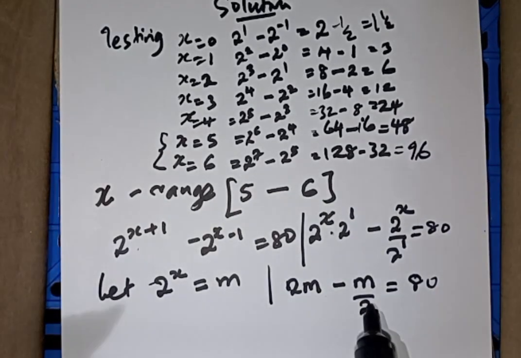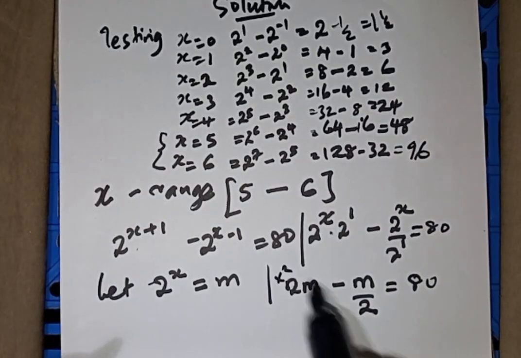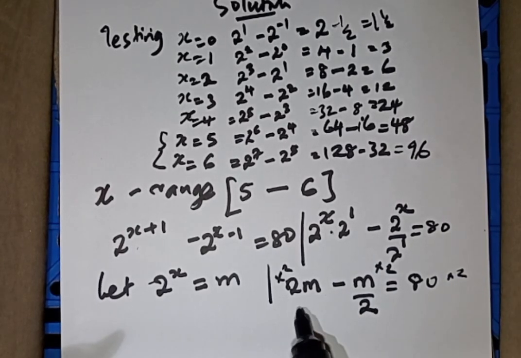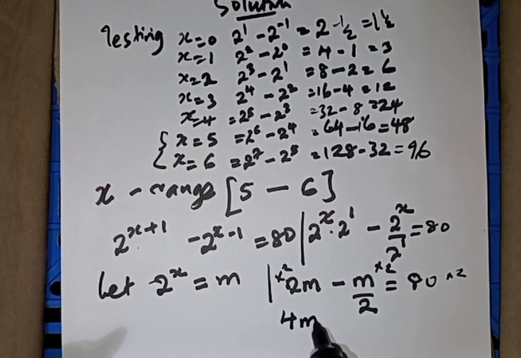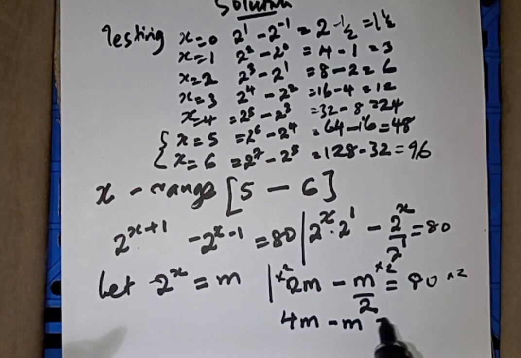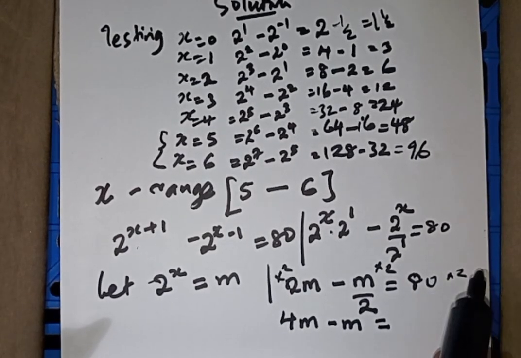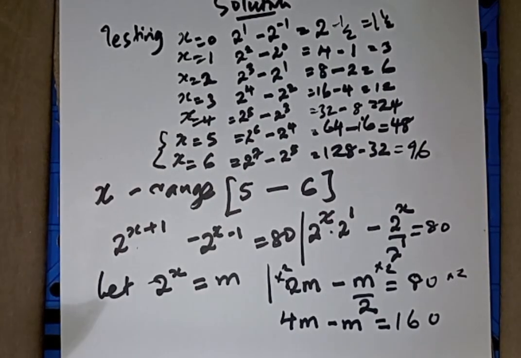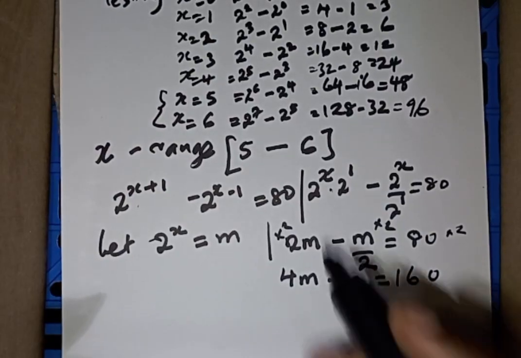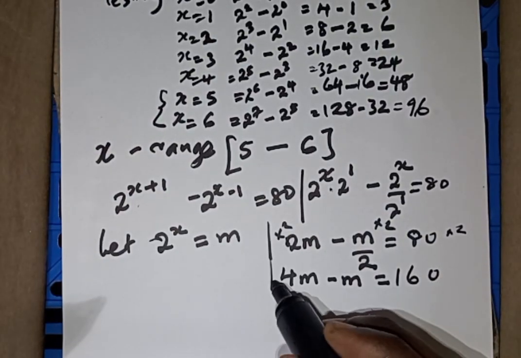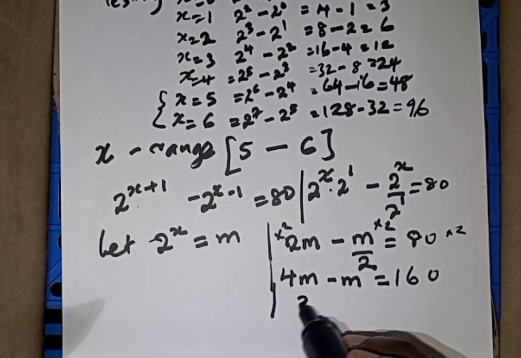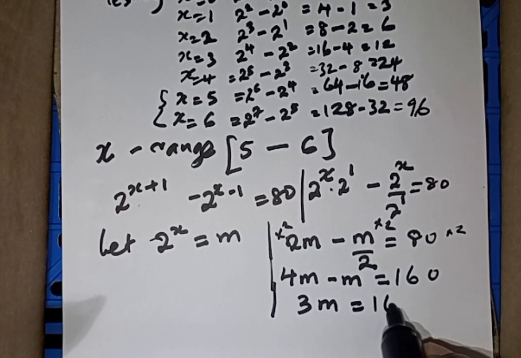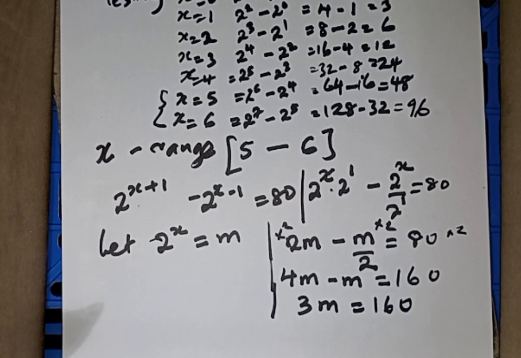Then multiplying all through by 2 to remove the denominator, I end up with 4m minus m equal to 80 times 2, which is 160. So 4m minus m gives 3m equal to 160.